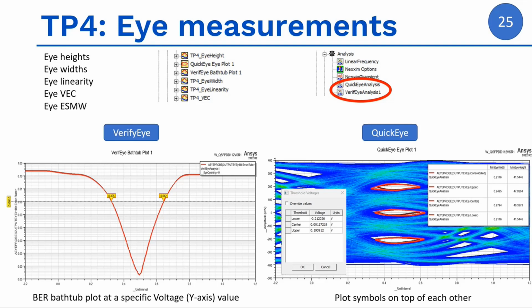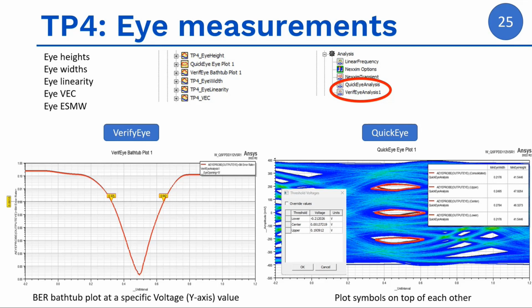The bathtub is plotted along a specific y-axis, like it draws a horizontal line, and it tells you immediately where the bit error rate is very high, and at what time it crosses a certain point that is no longer tolerated.